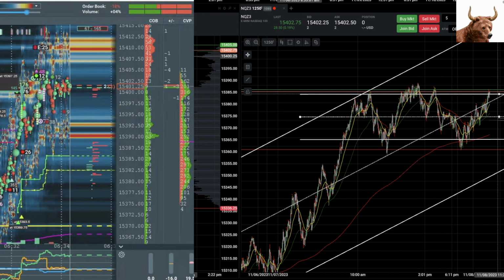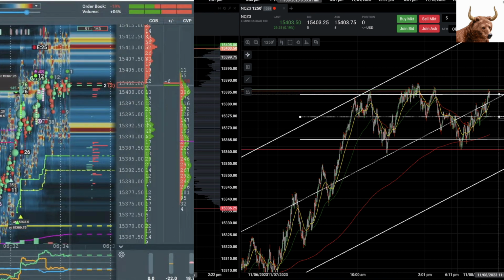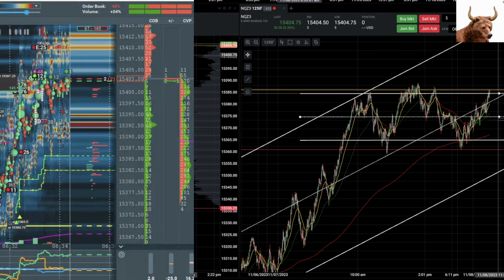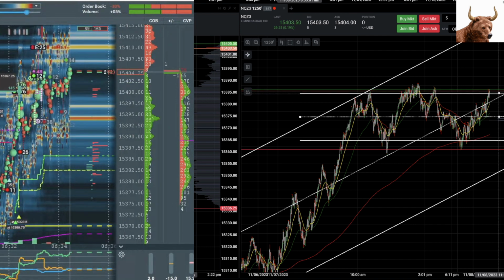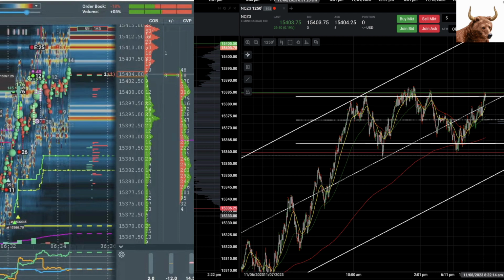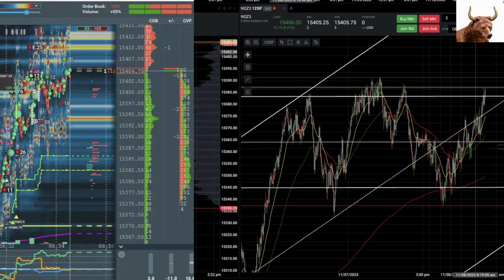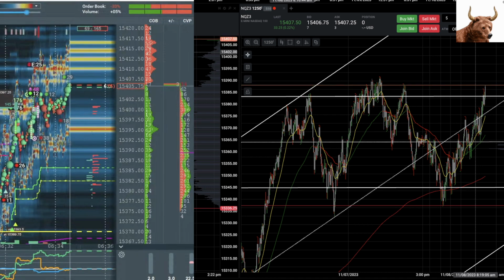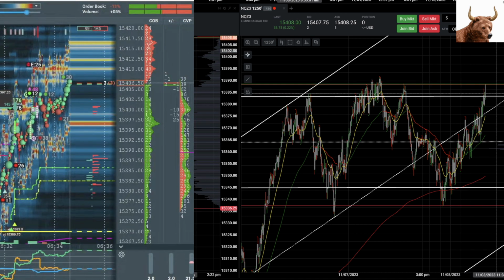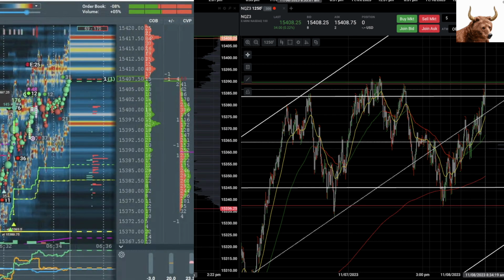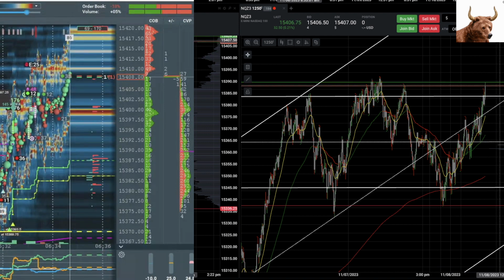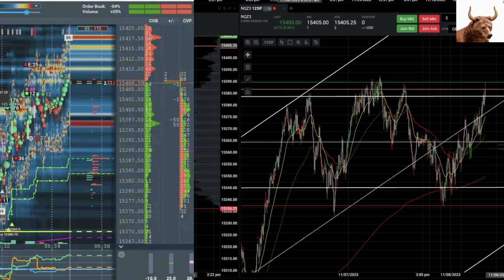First step, chart. Second step, watch price, pay attention to the order book, and from there, you're going to get your signal. If we're going to break above with volume, we need to break 410 and pop. So right now we're doing pretty good. We're at 408. But it does look like we're wicking above. The bears are trying to step in right there.